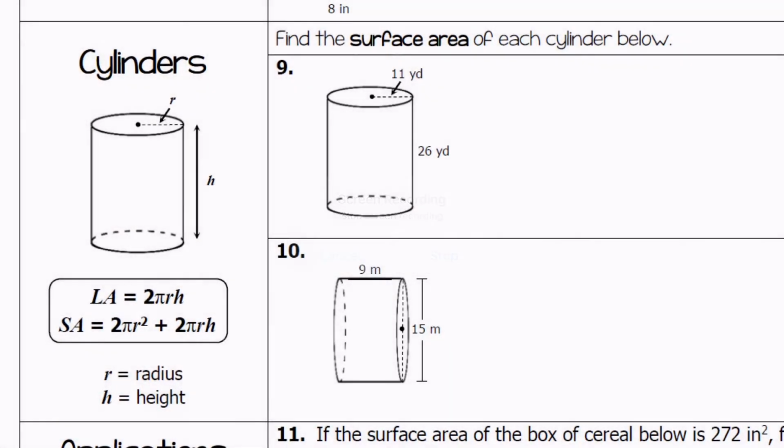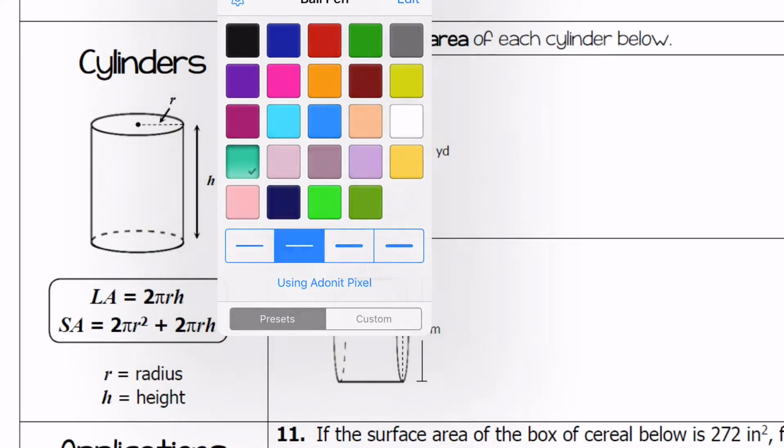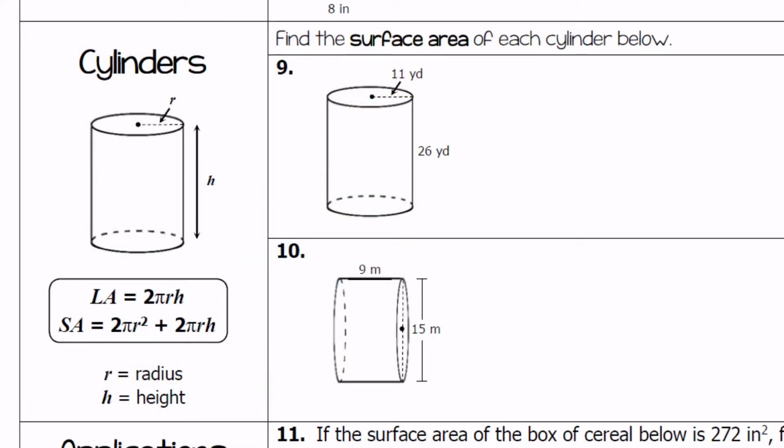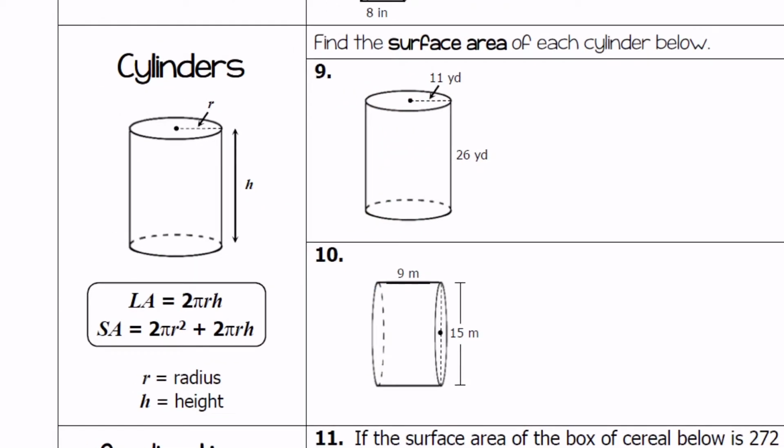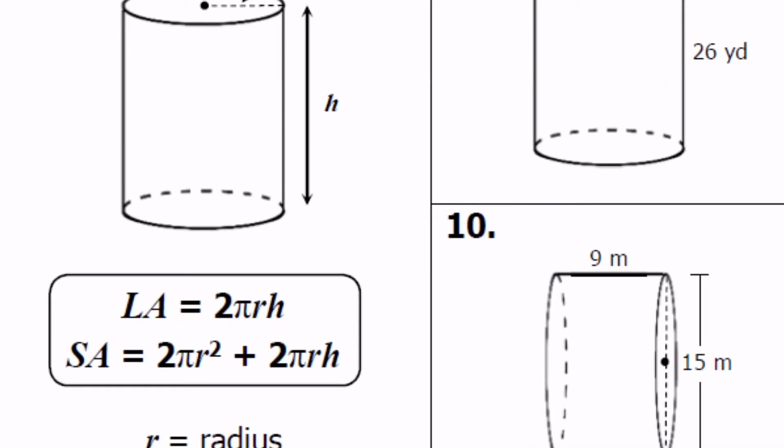Cylinders have their own formula as well. So the lateral area is equal to 2 times pi times the radius times the height. And then the surface area is equal to that lateral area plus 2 pi r squared.